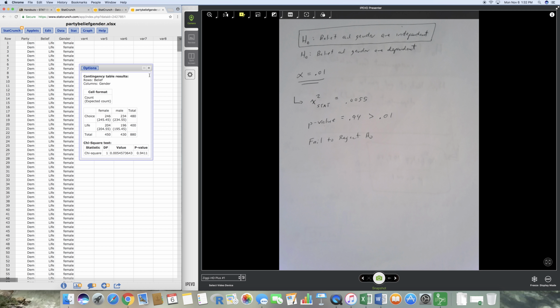We can look at the proportion of those who are pro-choice across gender: 480 out of 880 and 400 out of 880 who are pro-life. So there's not enough difference for significance between the percentage who are pro-life and the percentage who are pro-choice when separated across male and female.